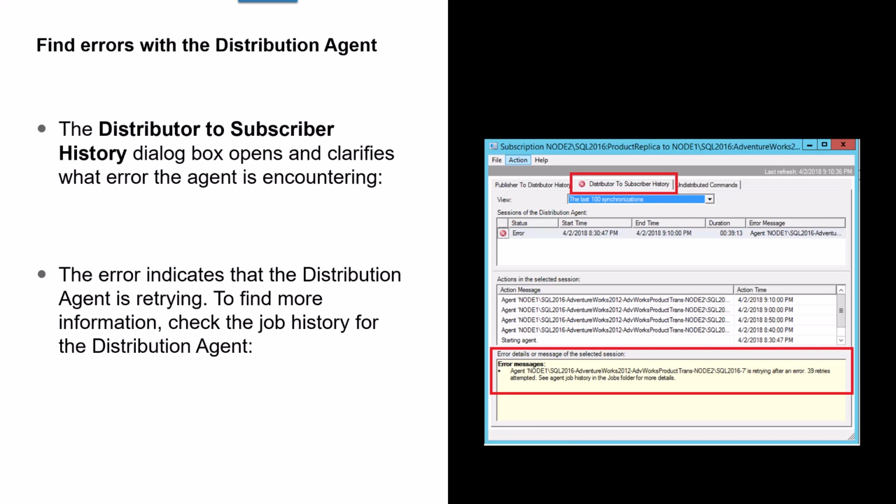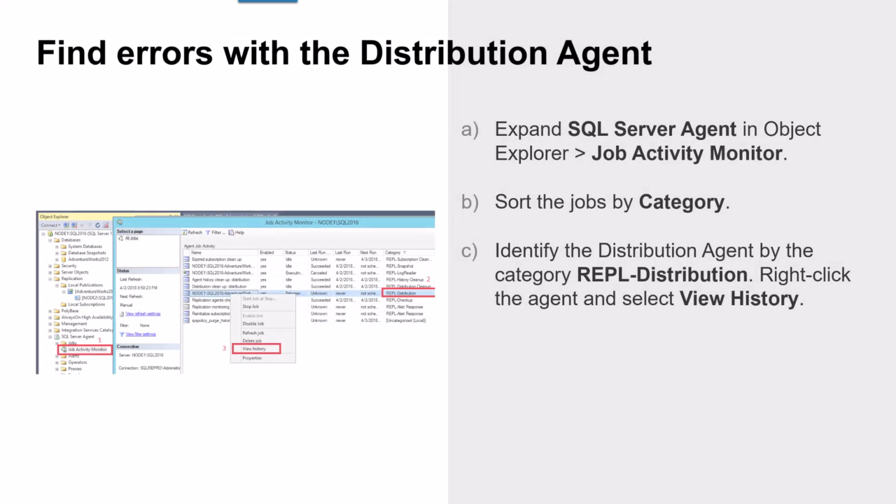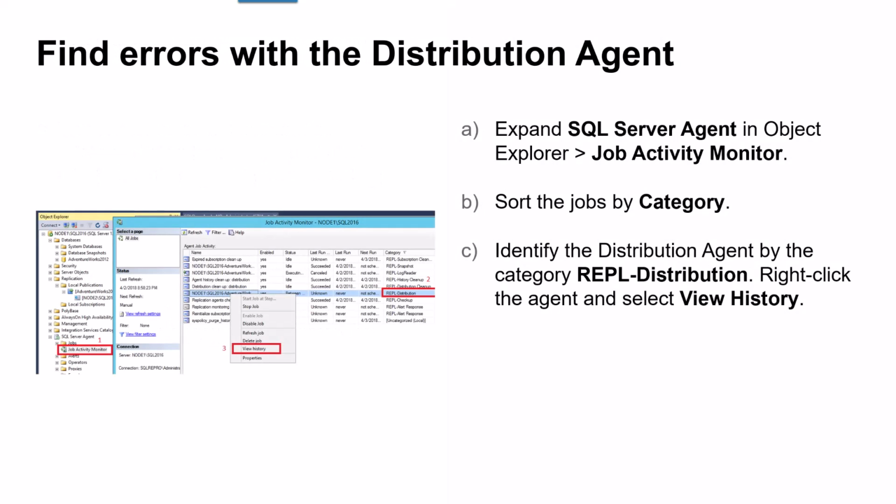The Distributor to Subscriber History dialog box opens and clarifies what error the agent is encountering. The error indicates that the distribution agent is retrying. To find more information, check the job history for the distribution agent. Expand SQL Server Agent in Object Explorer, open Job Activity Monitor, and sort the jobs by category.